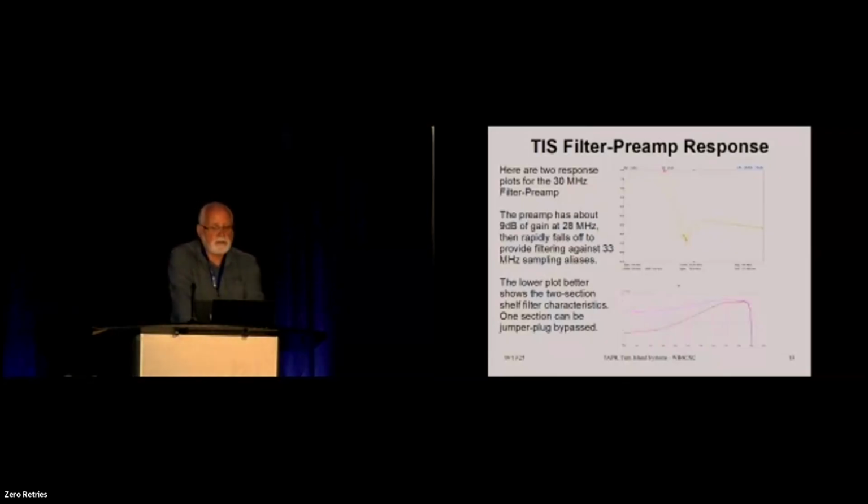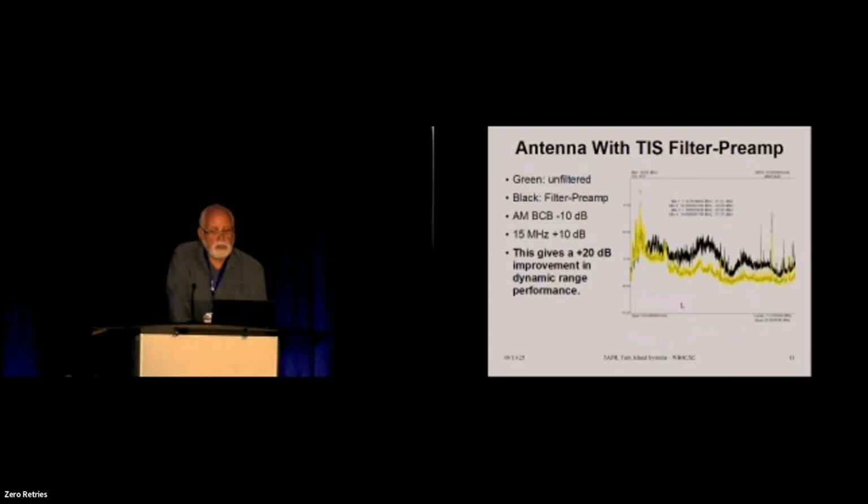I've got a filter. Notice the bottom of the chart here. That is the shelf filter. It's a two-section, and in this filter, you can bypass one of them. And you can see how the gain falls off, or the attenuation increases at the lower frequencies. Again, I think I'll show you. Yeah, here we go.